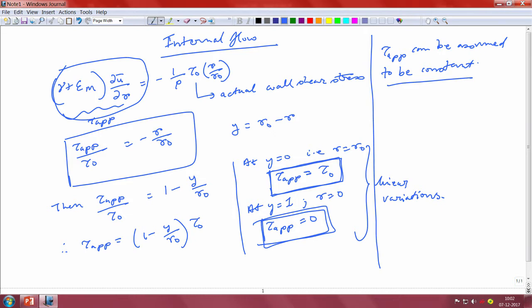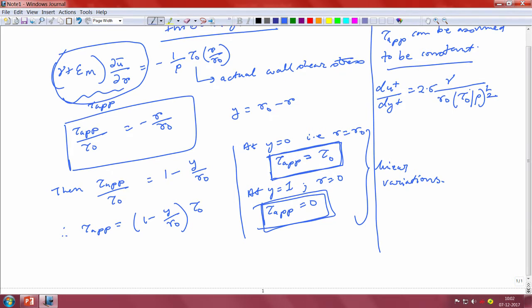Since tau apparent is assumed to be constant, what can be done is that we can integrate this particular form, and we can get du plus by dy plus as 2.5 gamma, r naught into tau naught by rho raised to the power of half. So, that is what you get after you take care of this particular integration.